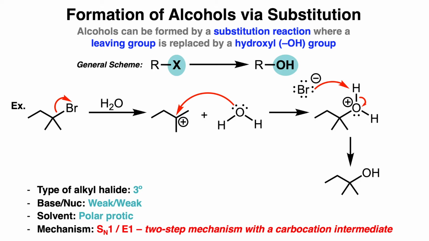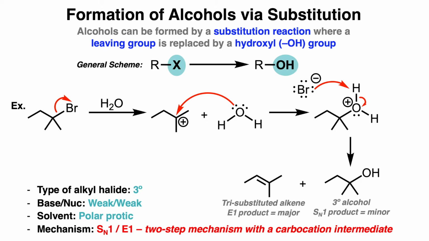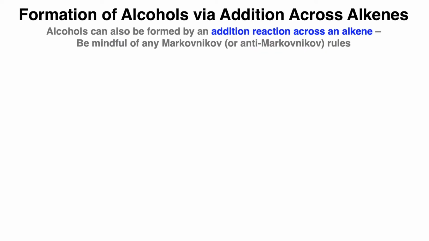But keep in mind that E1 also competes with this mechanism. Since the E1 product is a trisubstituted alkene, it is the major product of this reaction, while the SN1 product is the minor product.